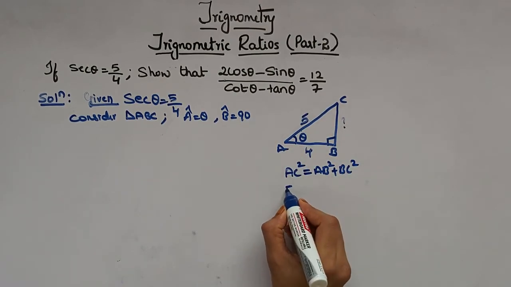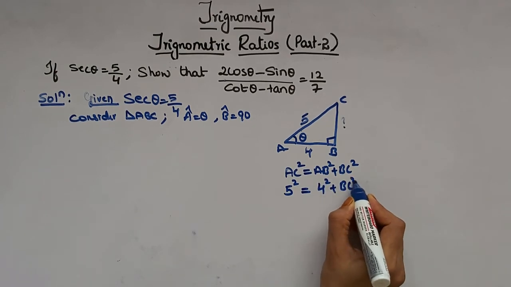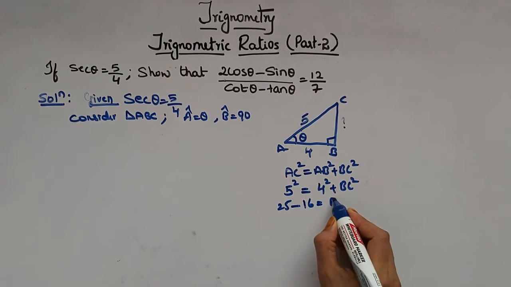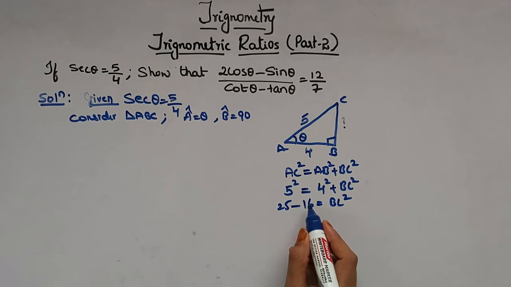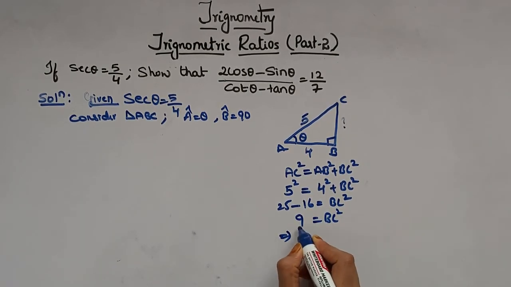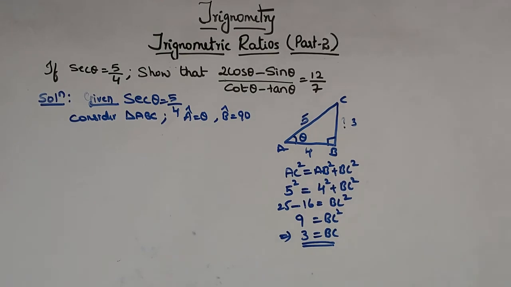So AC here is 5 squared, which is equal to AB, 4 squared, plus BC squared. So 5 squared is 25. When we bring this to the left hand side, minus 4 squared is 16, which is equal to BC squared. So 25 minus 16 is 9, equal to BC squared, which implies square root of 9 is 3, equal to BC. BC is 3, right?